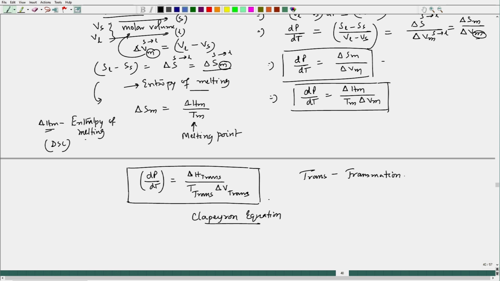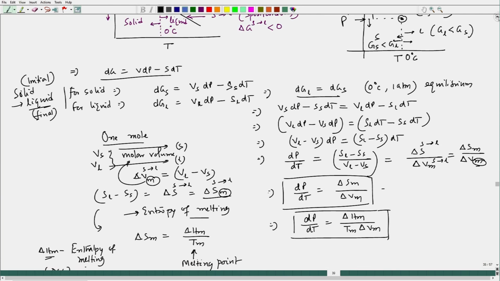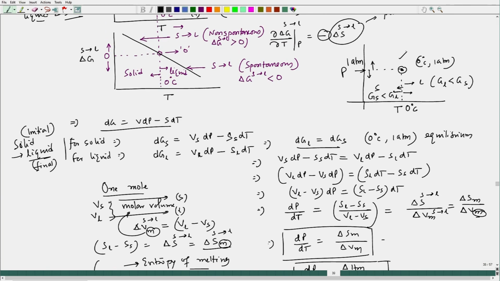Now, what is the importance of that with reference to the diagram what we showed here? So, this diagram, any point is a point on the pressure temperature plane, and on that plane if we measure dP/dT, then we can definitely mark, if we change the pressure and temperature, what would be the position of that equilibrium point.